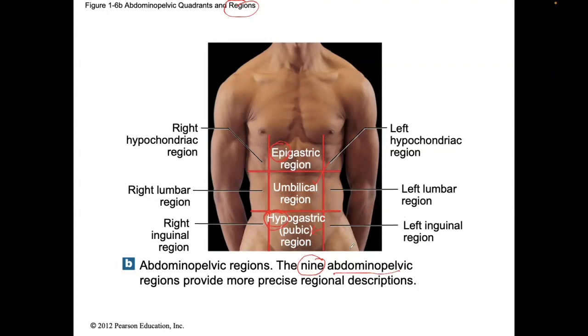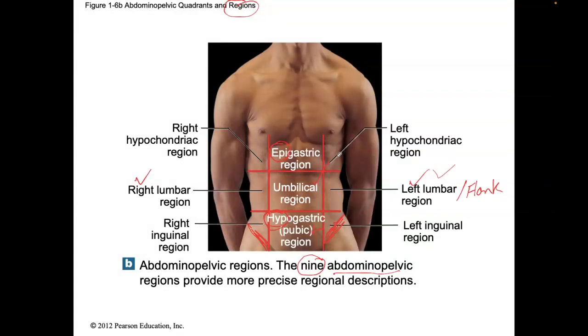Then you have a left inguinal region and a right inguinal region. Then we have a left lumbar region and a right lumbar region. Sometimes these are called left and right flank, where the love handles are.